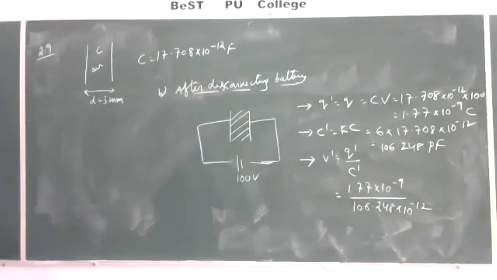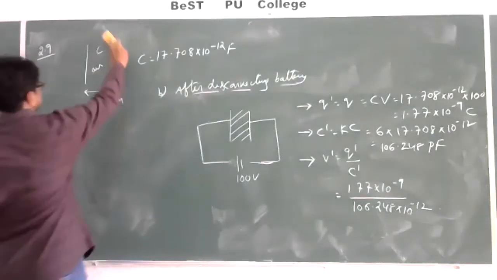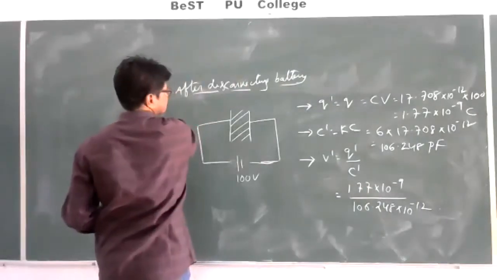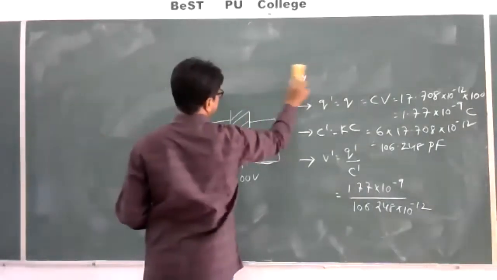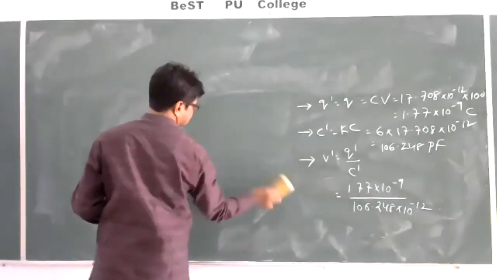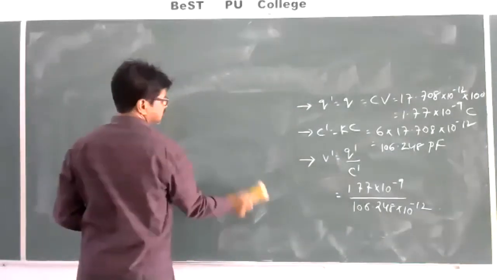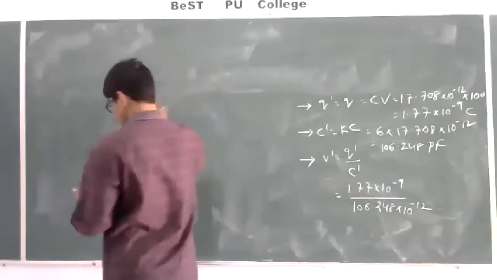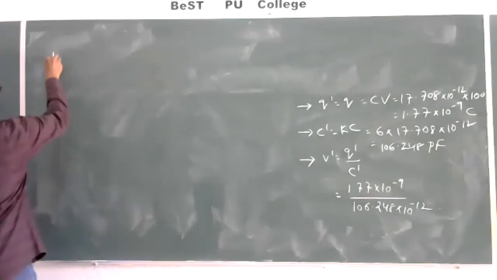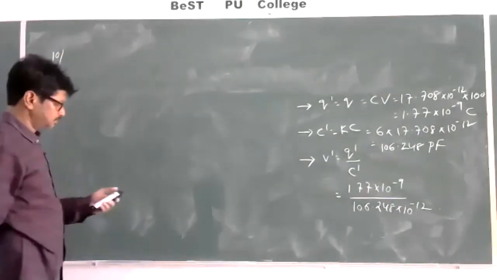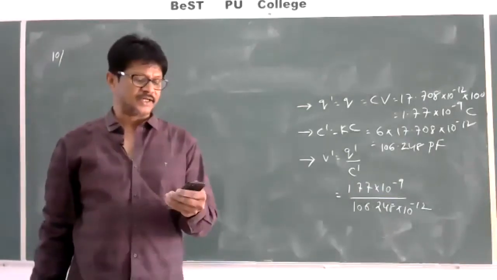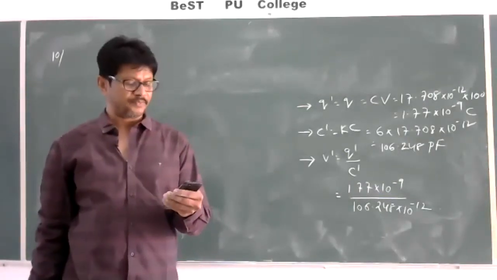Next, tenth problem. A 12 picofarad capacitor is connected to a 50 volts battery.